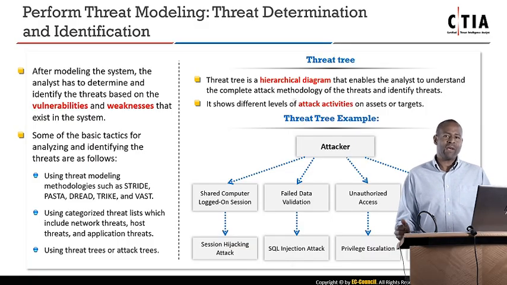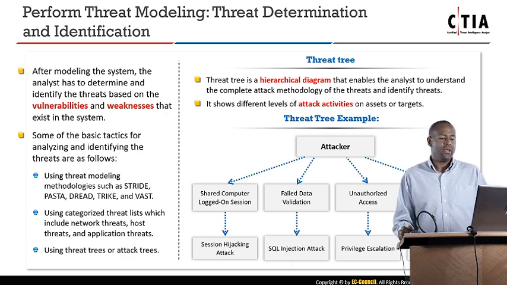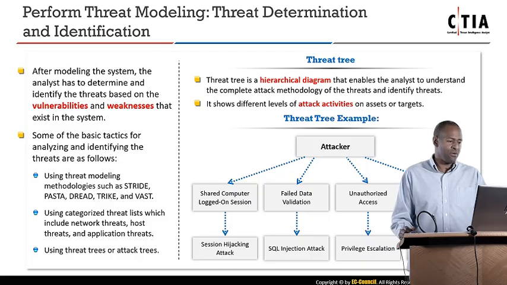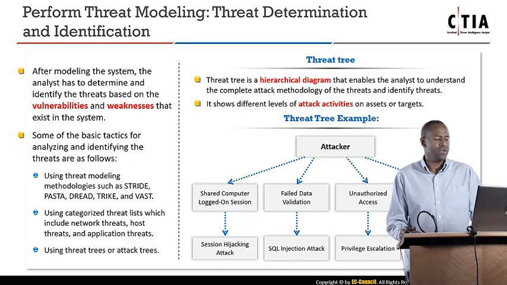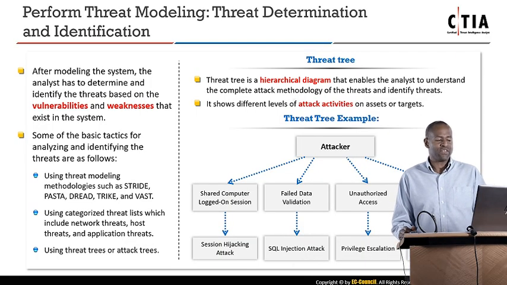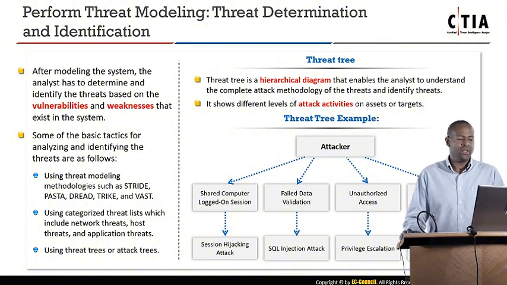Microsoft has their own version of this that falls out of their Trustworthy Computing initiative that they put together in 2002, and it's called STRIDE. Their mnemonic is spoofing, tampering, repudiation, information disclosure, denial of service, and elevation of privilege. So that's Microsoft's STRIDE.